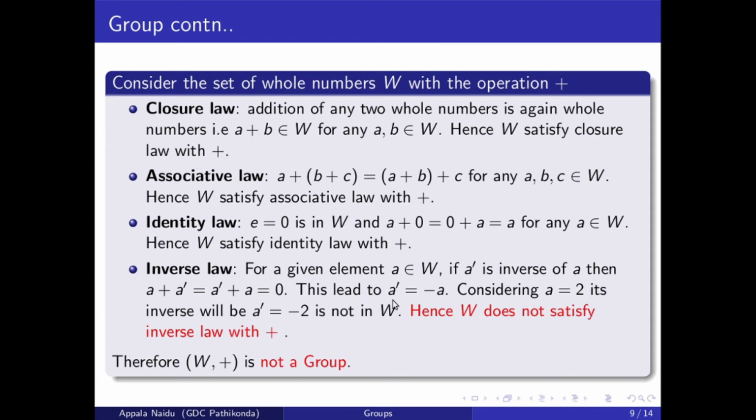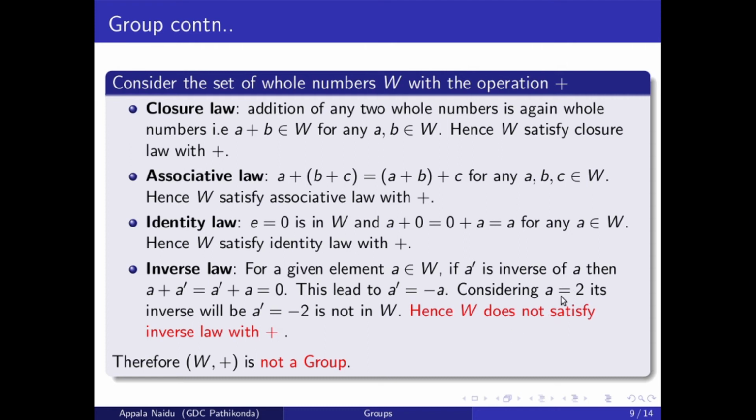From this we get a prime is equal to minus a. So minus a is inverse of a with the operation plus. So the inverse exists, but we have to see whether that inverse is in that set. If that is in that set, then the set satisfies inverse law with the operation plus.